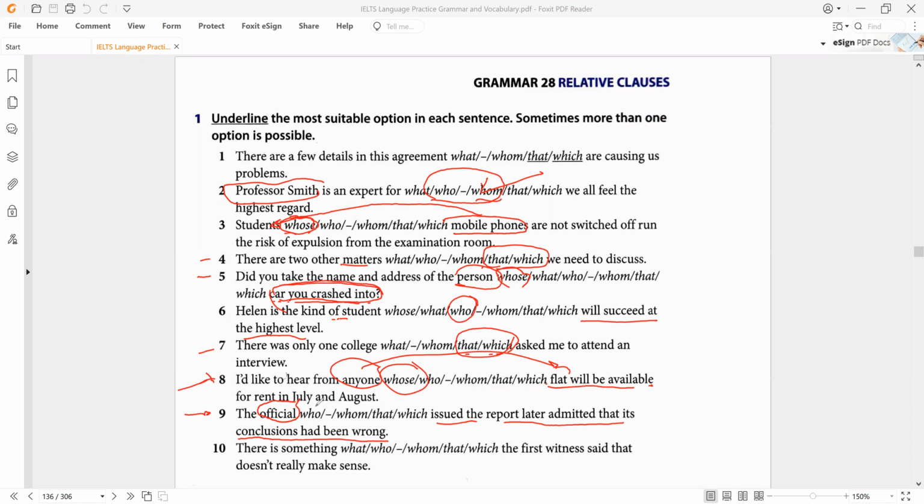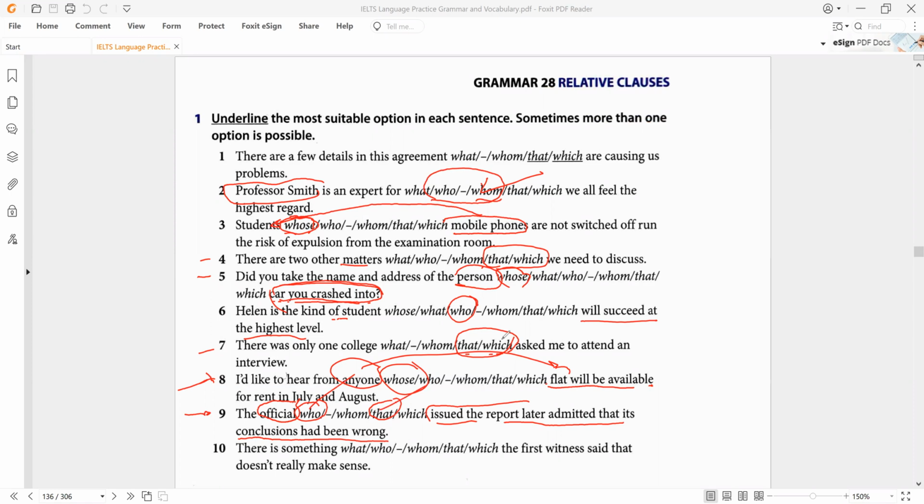You can't say which because we don't know him. هو موظف وخلاص. You can say the official that issued the report. الموظف اللي أصدر التقرير later admitted that its conclusions had been wrong. لأنه official موظف رسمي وخلاص. We don't know who he is in person. So you can say who, you can say that, no problem.